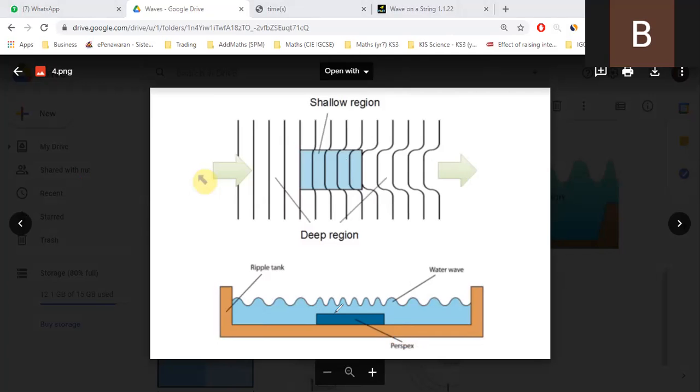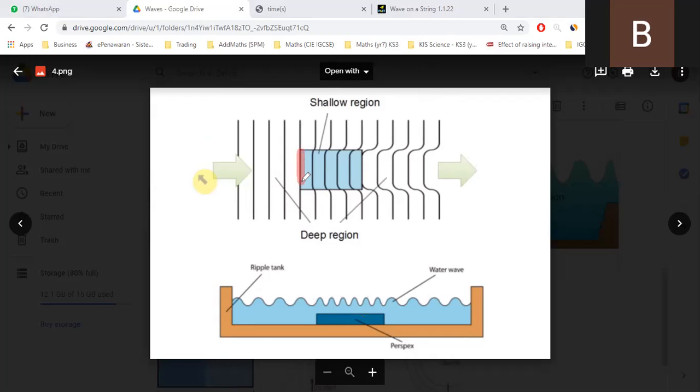You see that in the middle here, there is a shorter wavelength. Now this is the top view. At first, the flow is from left to right, so each line is an equal distance apart. The wavelength is the same. Now, as it enters the shallower region, look at what happened.